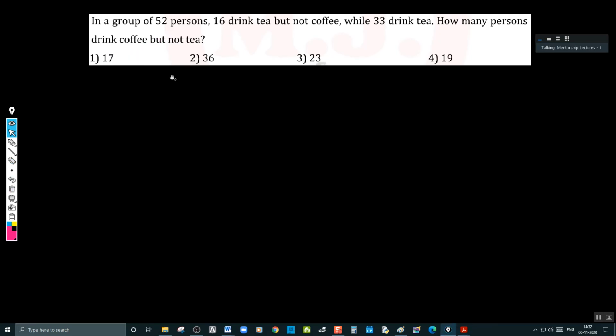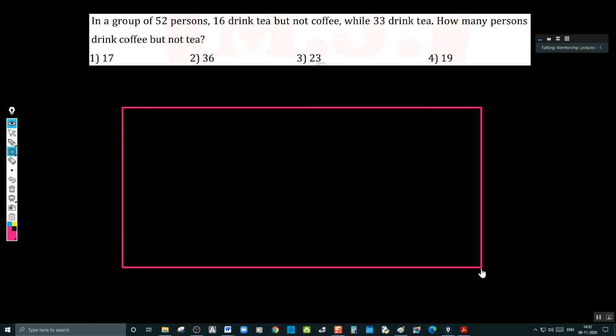In a group of 52 persons, 16 drink tea but not coffee, while 33 drink tea. How many persons drink coffee but not tea? If you see this, solving it through a Venn diagram will be very helpful and easy.